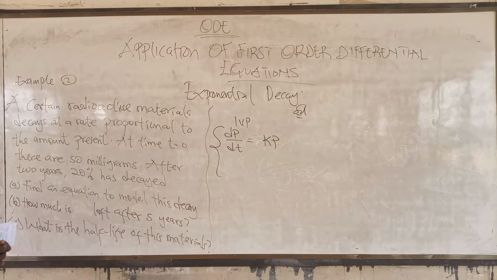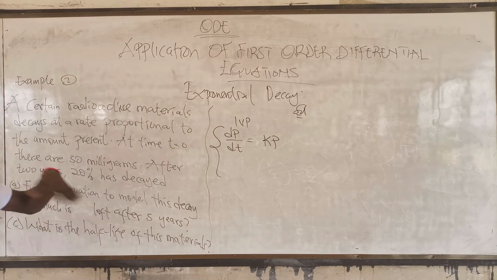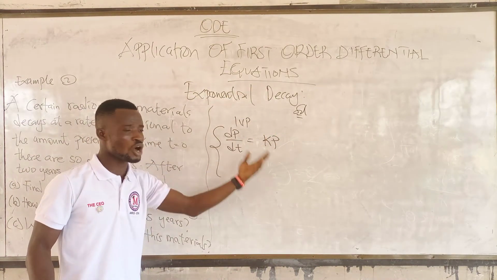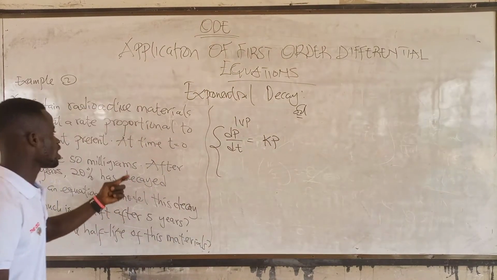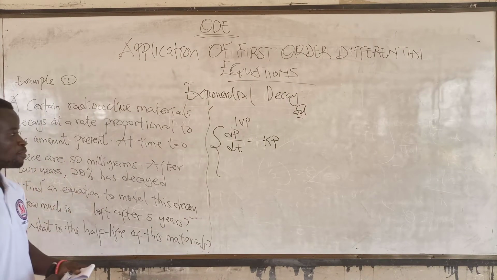Alright. Now, at time t is equal to 0, there are 50 milligrams.